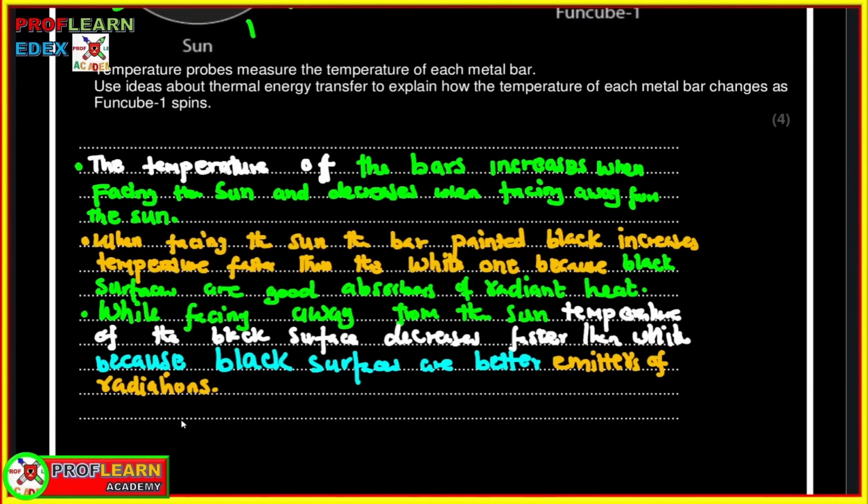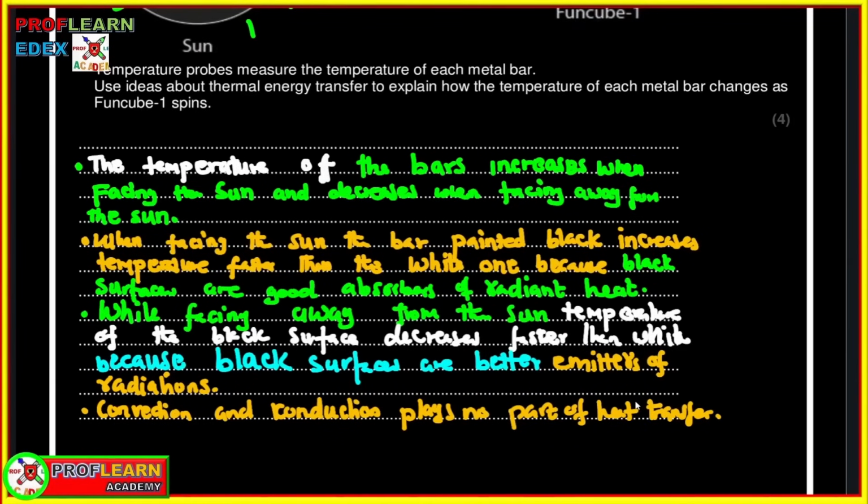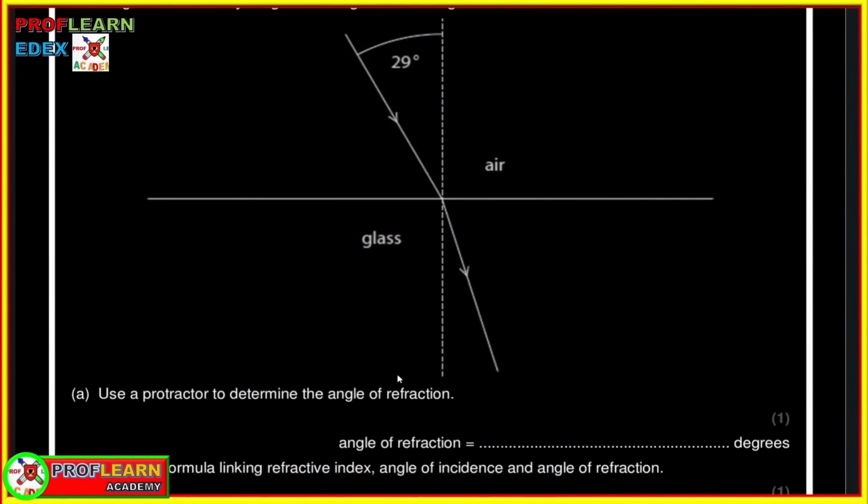And you can see the energy transfer that is taking place here is through radiation only. Convection and conduction have no responsibility of transferring energy in this kind of space of a vacuum.